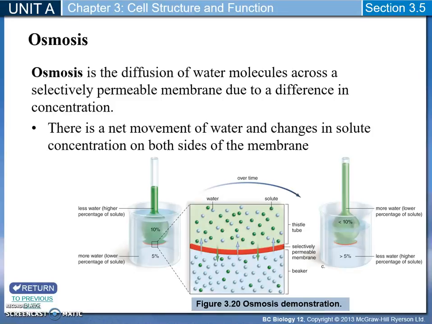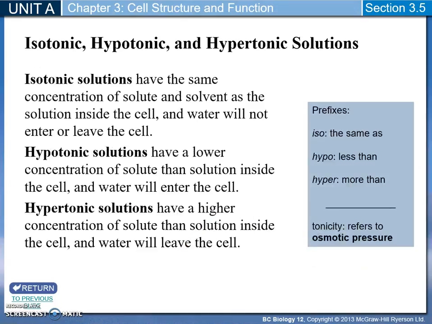It's showing here that there's a lower concentration of water in the green area, and so over time you get a net movement of water from the bluish area into the greenish area. This is an example of osmosis, because there are some molecules in the green that cannot cross the membrane.